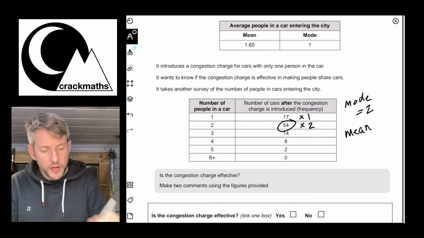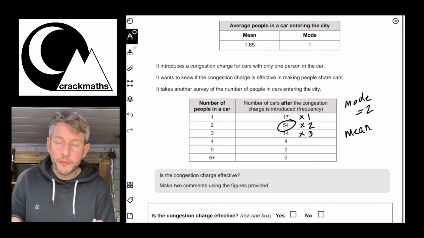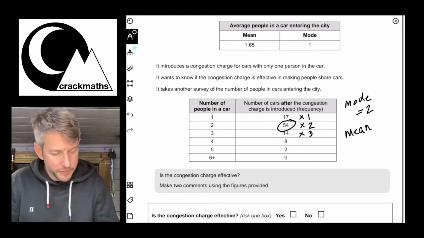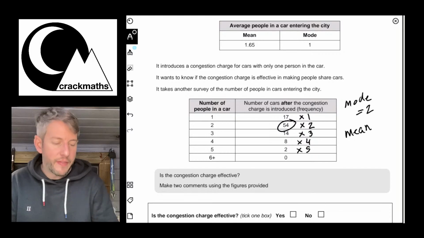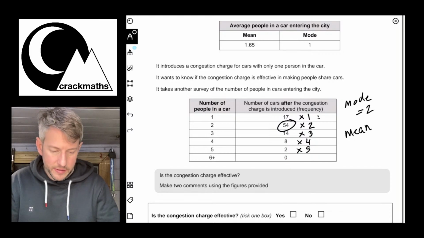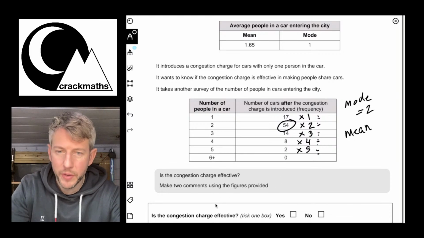Then we need to do 14 times 3 to find out how many people were in the 14 cars with 3 people in. Then we need to times this by 4, times this by 5, and then that's a 0, so it doesn't matter. Okay, so we can work out these, and that's going to tell us the total number of people that travelled in by car.